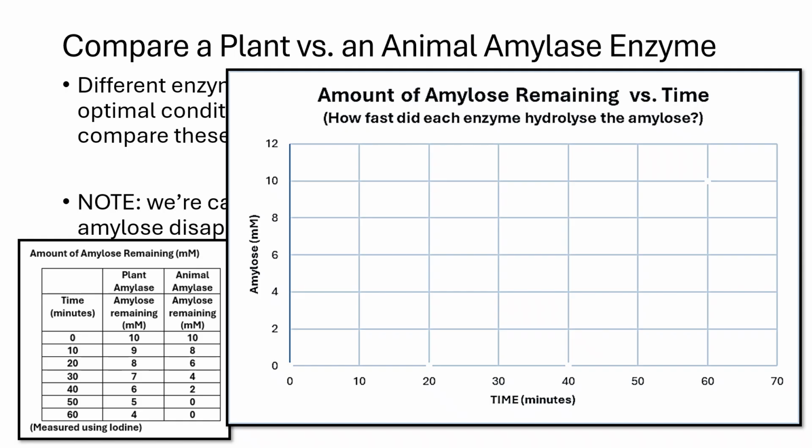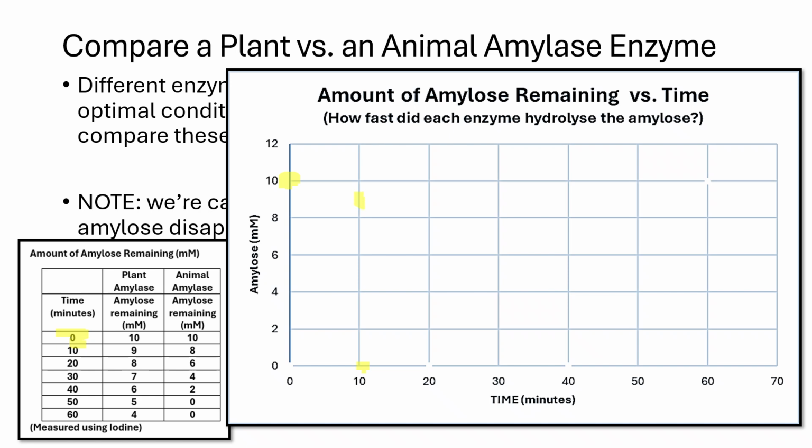Okay, so now I'm going to look at time 0 here. I see that the plant amylase is at 10. Okay, so there's the plant amylase. And then at 10 minutes, which is here, the amount of plant amylase remaining is about 9.